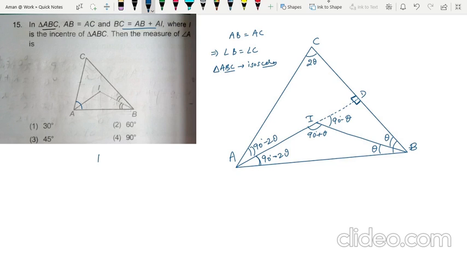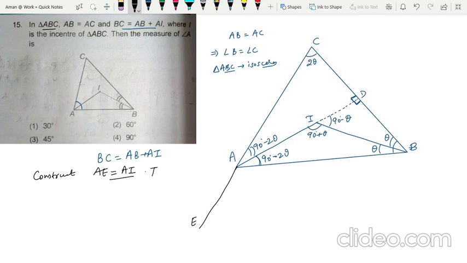Now the second condition is given: BC is equal to AB plus AI. For this, we have to do a small construction. We extend the AC part in such a way that AE, the extended part, is equal to AI.